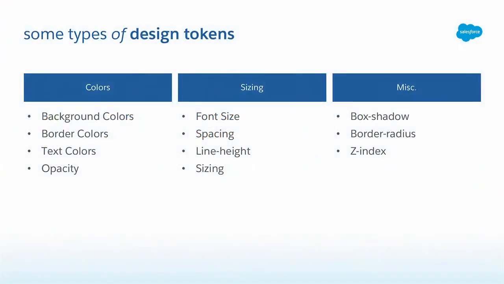So here's a look at some of the properties that we store and provide to be consumed. There's things such as colors. Like I mentioned, background colors, we have border colors, text colors. We have sizing, so font sizes, spacing. I'll get into this a little bit later, but I don't know if anyone has seen our recently released Comfy Compact mode within the Lightning experience, but this is how that feature was enabled, okay?